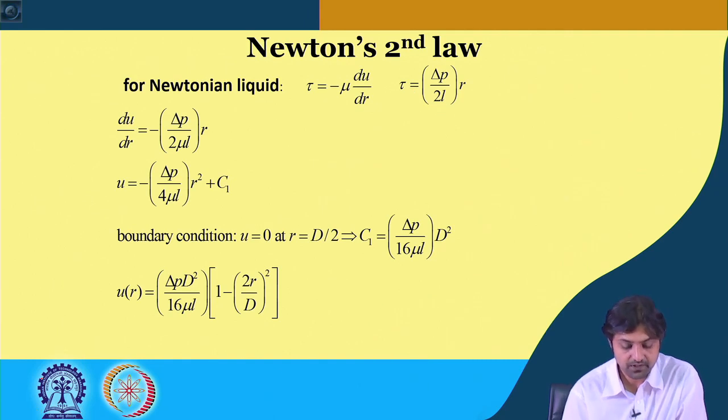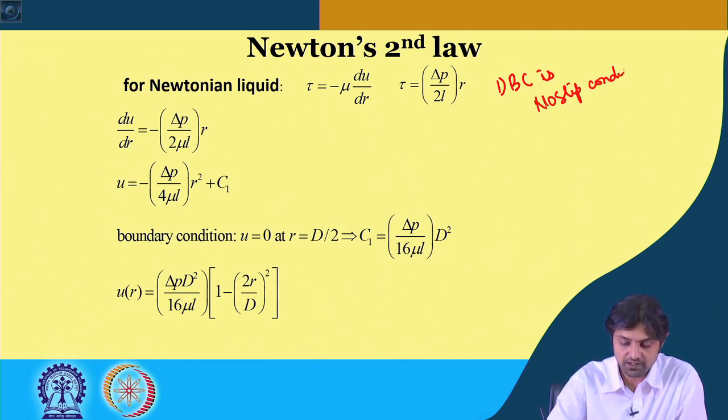All right. Now, importantly, one of the boundary conditions is the no slip condition, and where does it happen? It occurs at the wall, or wall is where?